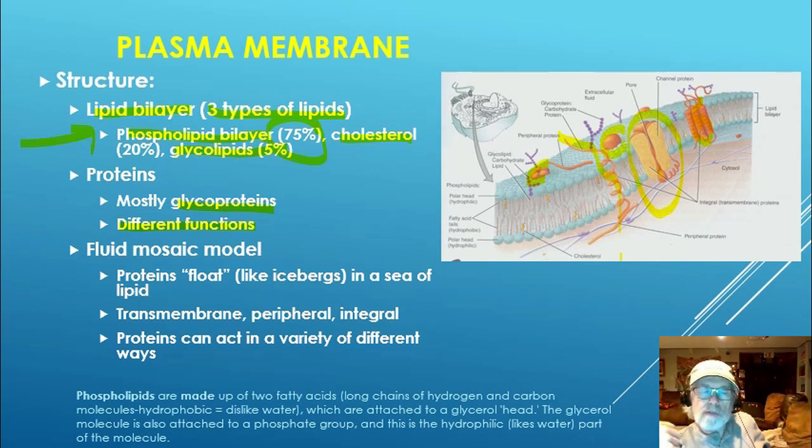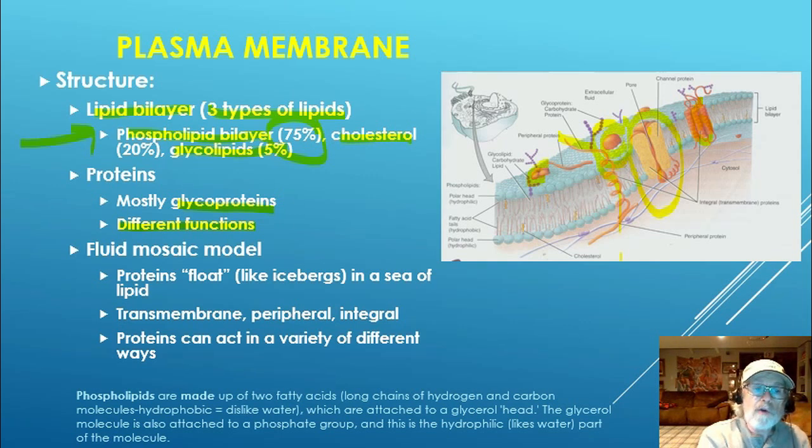If you stick it in my body, my body looks at that and says, hey, that's not you, that's him over there. Therefore it's going to cause an immune reaction. It's going to destroy that kidney. So some of these things would be receptors, some of them will be cell markers, some of them are transporter proteins and things like that. Like I say, these proteins sort of float like icebergs in a sea of lipid. You'll see that in almost every A&P textbook.